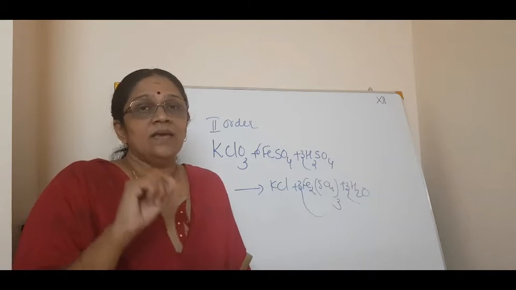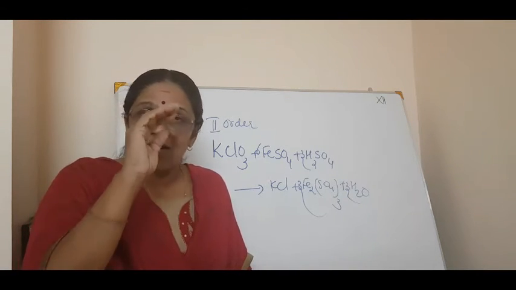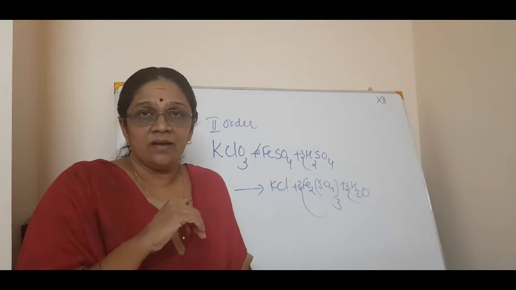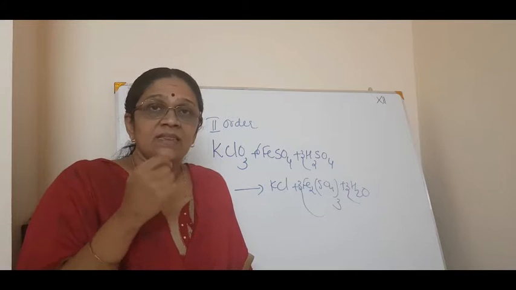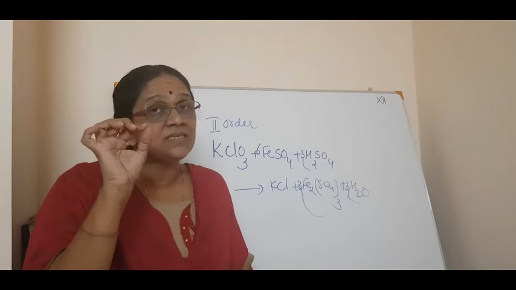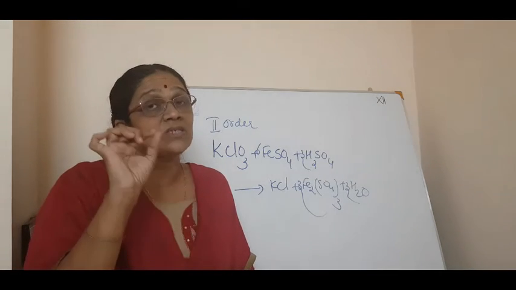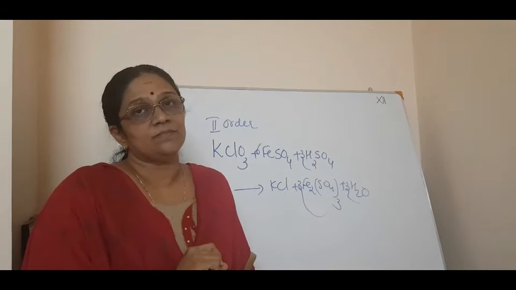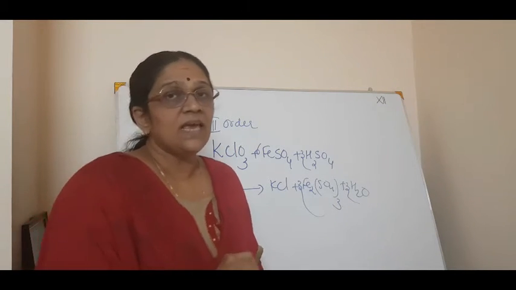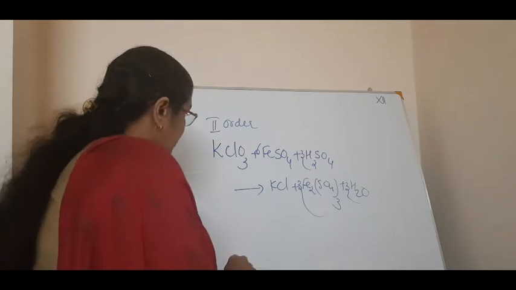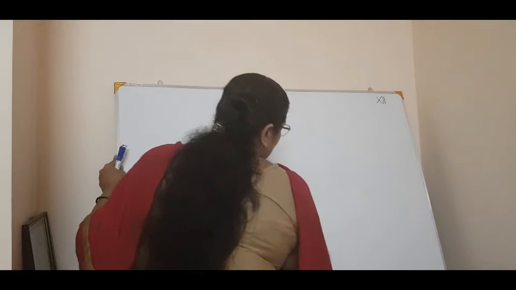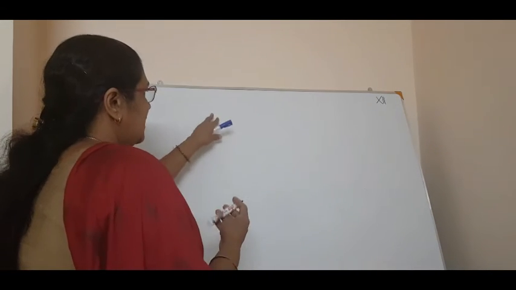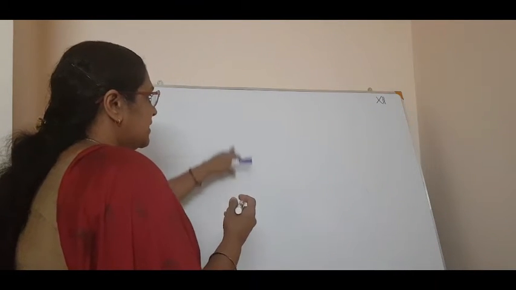Mainly, in a complex reaction where more than one step happens, the rate of reaction is determined by the slowest step. Got it? For example, say in a complex reaction there are 3 steps.